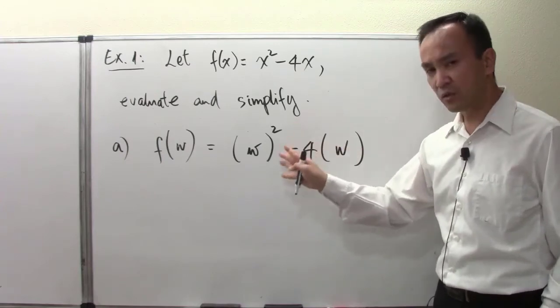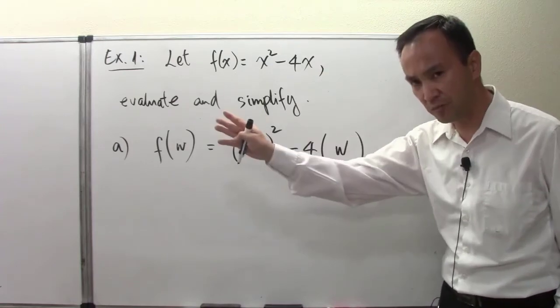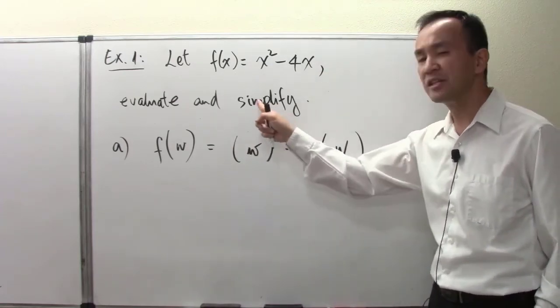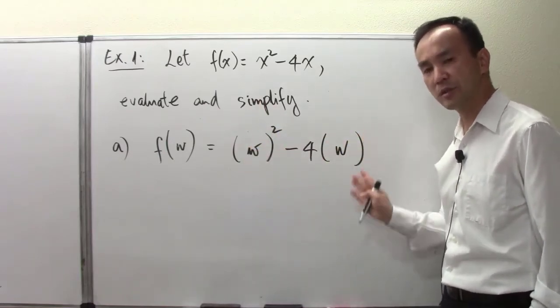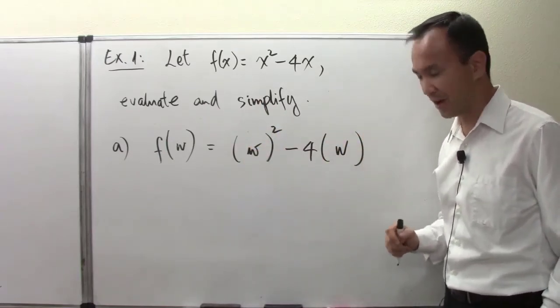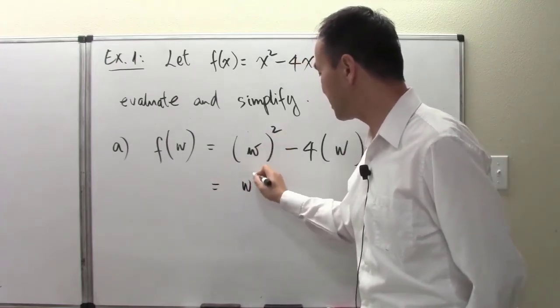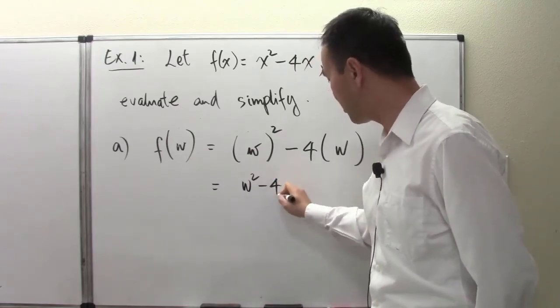This is the reason we are not able to find a final numerical answer as the output, but here we can only simplify this current setup to come up with a final simplified expression. The first term gives me a W squared. That already looks a lot simpler. And then minus 4W.